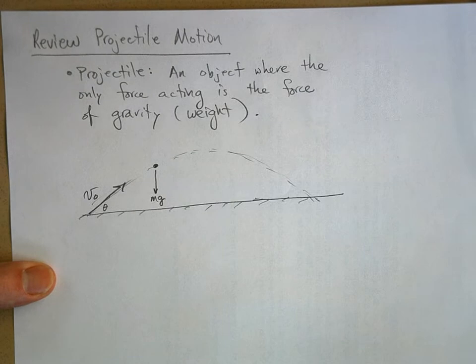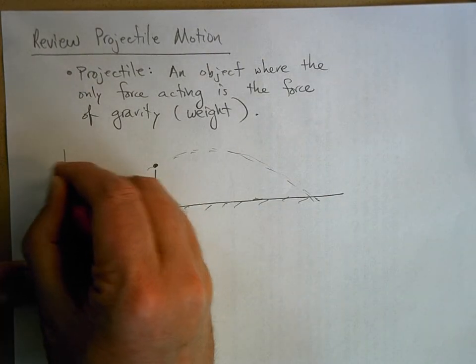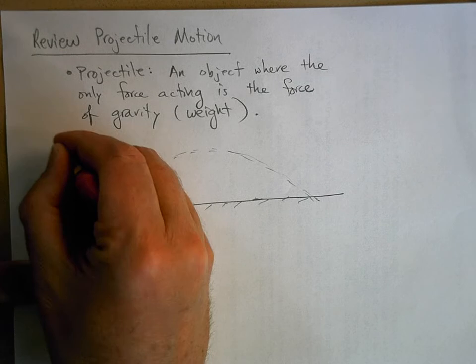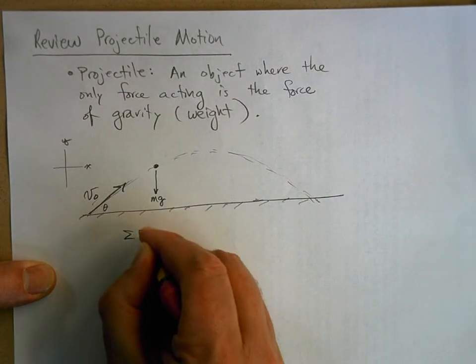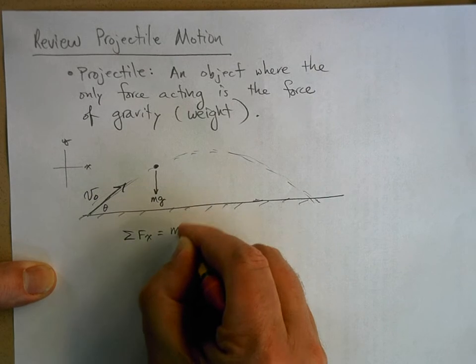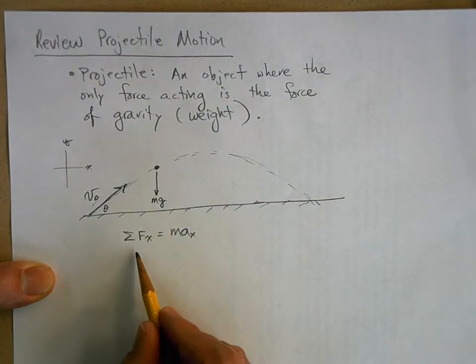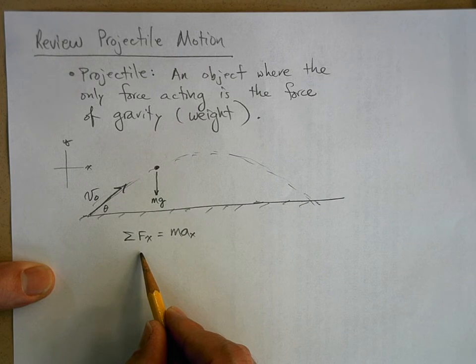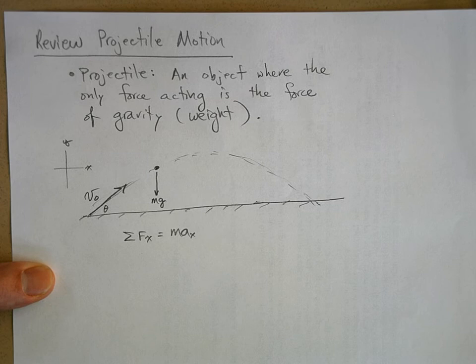Let's sum the forces. Let's say that this is the x direction and this is the y direction. So let's sum the forces in the x direction equals ma in the x direction. Well, what are the forces in the x direction? There aren't any. No forces in the x direction.